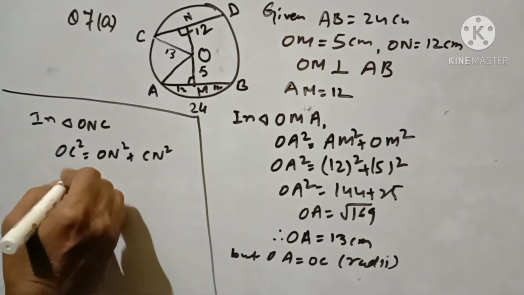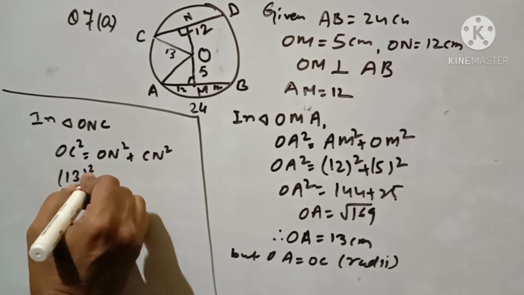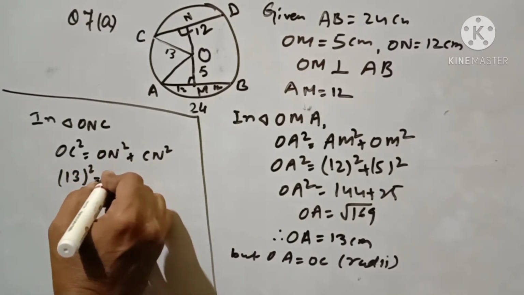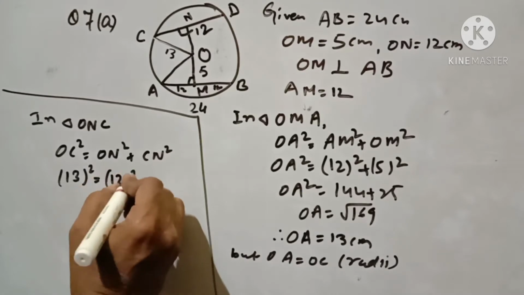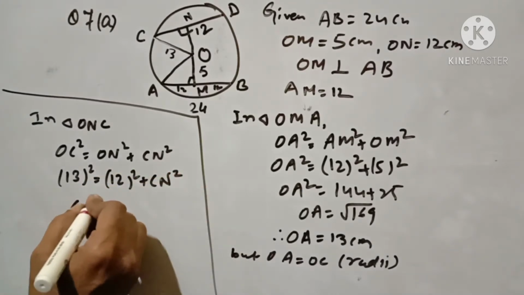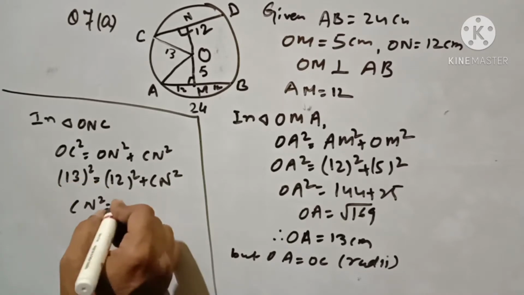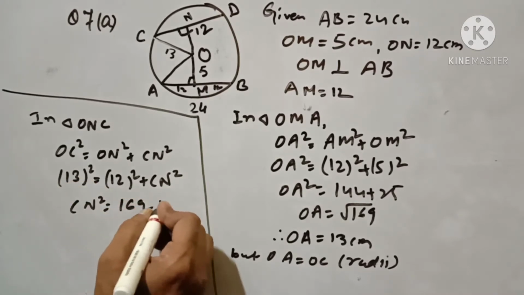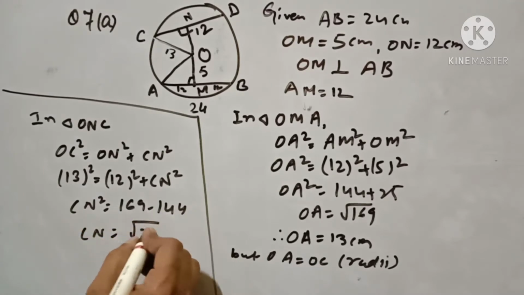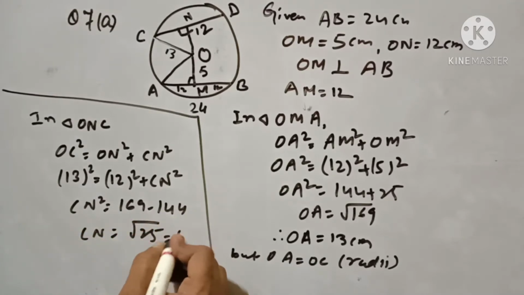Here it will be 13 whole square, and ON is 12, means I can write 12 whole square, and CN we have to find out. Therefore CN square I can write 169 minus 144, CN equal to under root 25, that will be 5 centimeter.